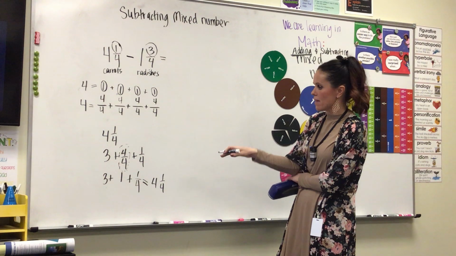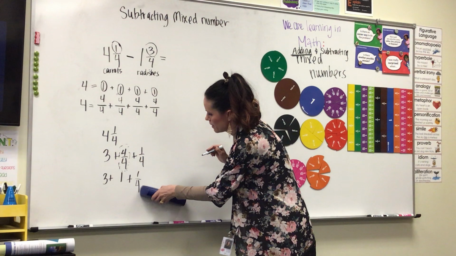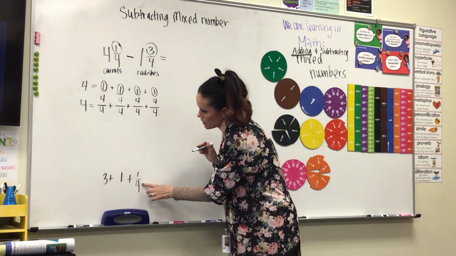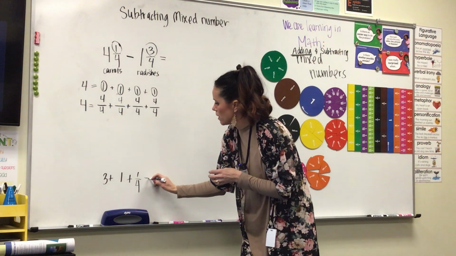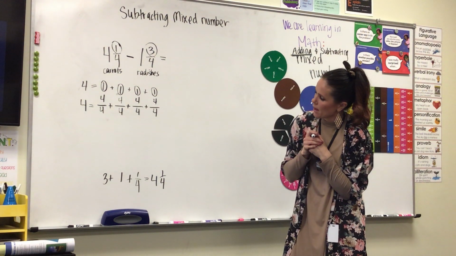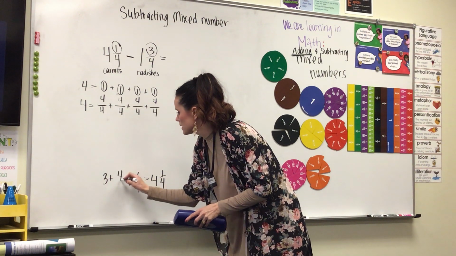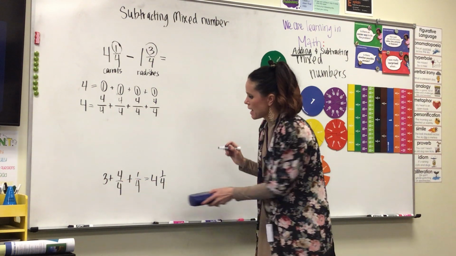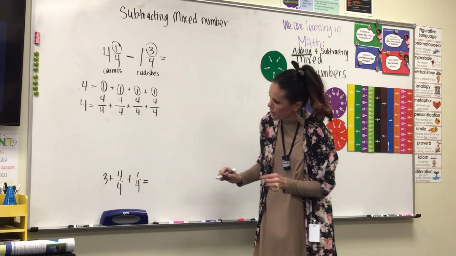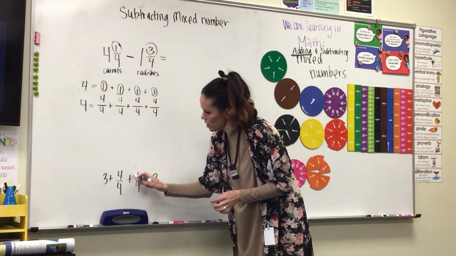Now with all of that information, I am going to go backwards right here. I have 3 plus 1 plus a quarter, which is 4 and 1 fourth, I meant. And I'm going to make this back into its little fraction, which is 4 fourths. You told me that we've been practicing adding fractions all week. So I have 3 wholes, and then how do I add these fractions together? Bridger, do you know?